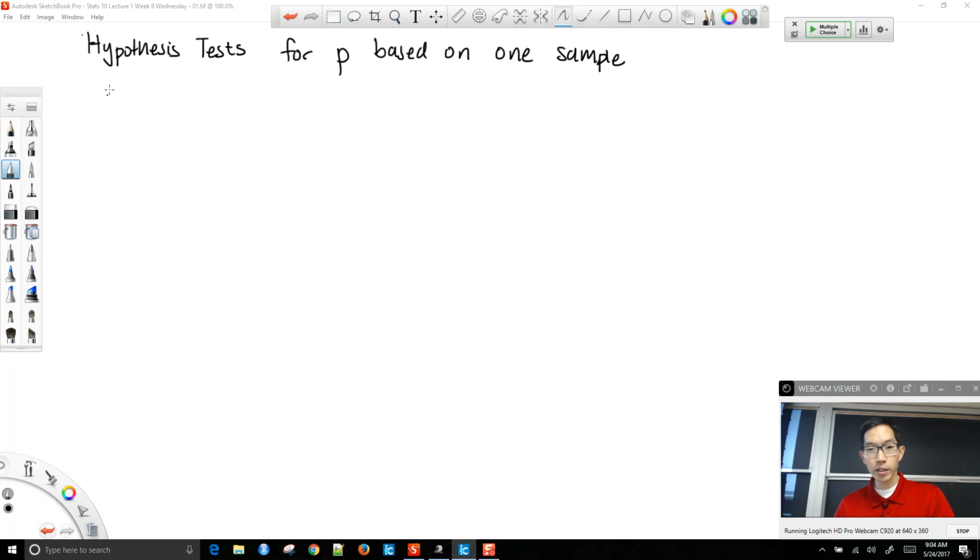There are four stages or four steps in doing the test.